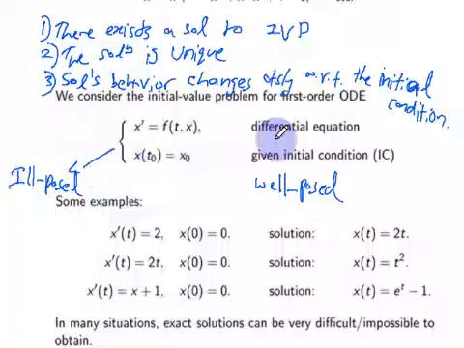We can prove that if this function f, a function of two variables, is differentiable on a considered rectangle, then this system has a solution.